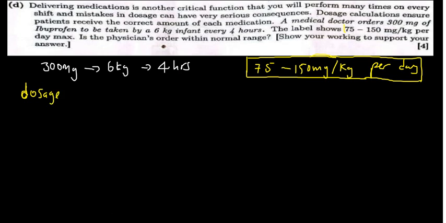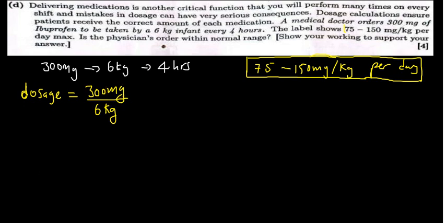So the dosage that the doctor has prescribed is 300 milligrams. Now remember, I want to convert to milligrams per kg. This person has how many kg? 6 kg. So I'll just divide this by the 6 kg, because I want the answer in milligrams per kg.